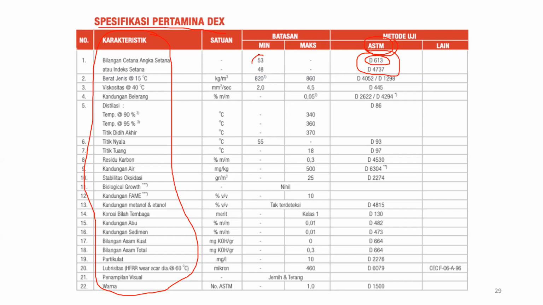The minimum cetane number in here is 48 until 53, depending on the ASTM used as a reference. Same thing with other types of characteristics. It is based on the standard that has been created or standardized by the American Institute.